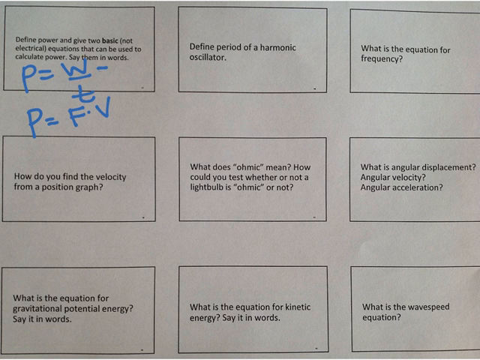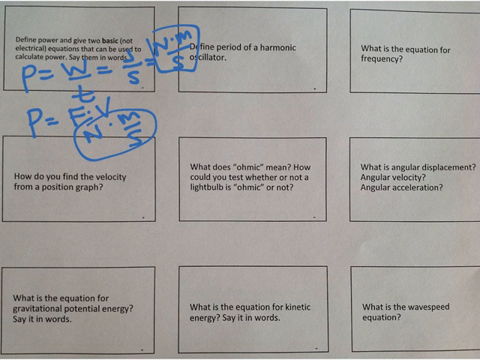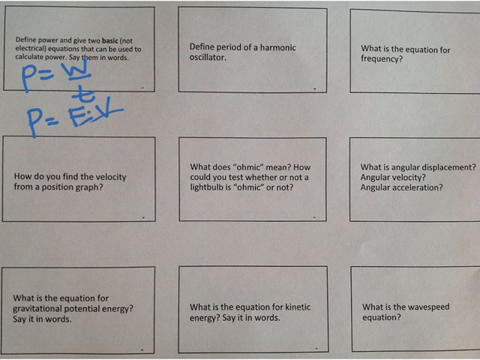And that kind of seems weird, but if we think about it, work is joules over seconds, and a joule is a Newton times a meter. Force is a Newton, velocity is meters per second, and so you can see that we have newtons times meters per second either way. And so both of these equations work for finding power.